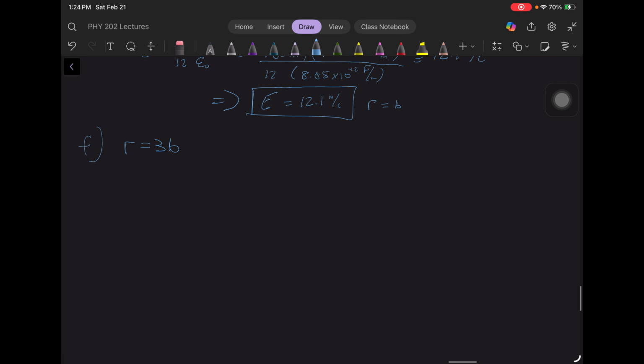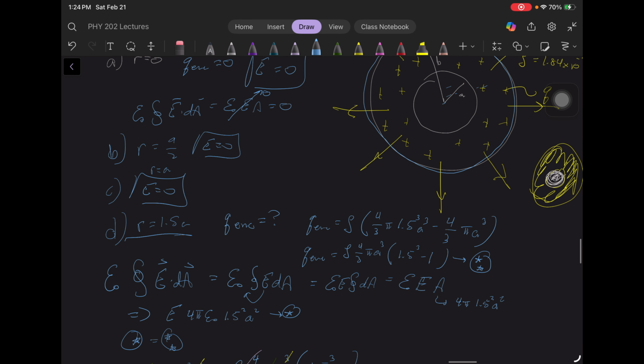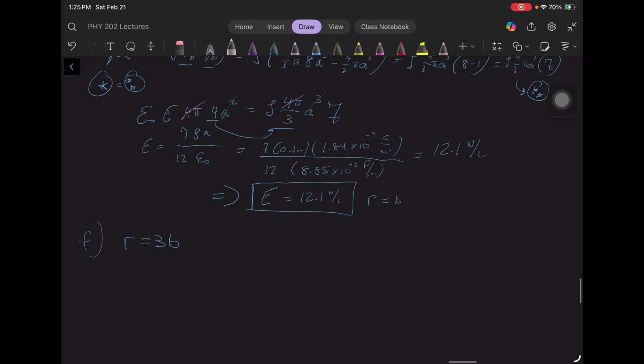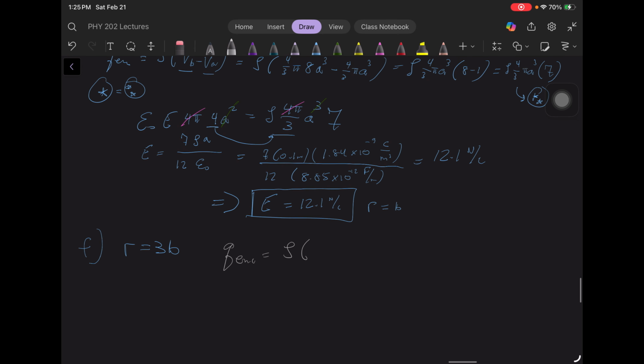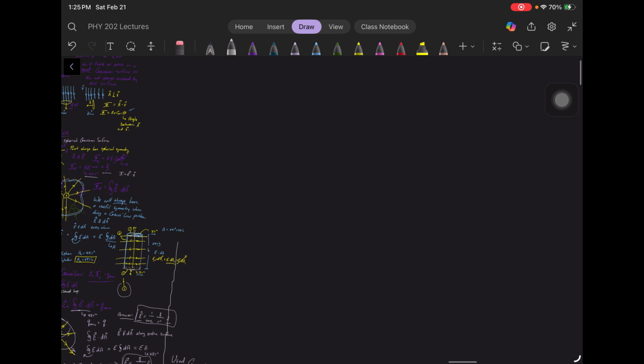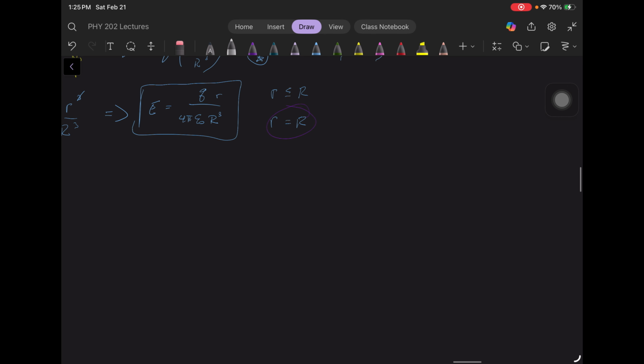Well, let's take a look at this. So now our r is 3b, right? Not to scale. Q enclosed is still just the total charge. And so we get Q enclosed is going to be rho times, well, realistically, it's going to be this. Why would you do that? Oh, it made a line that went all the way.